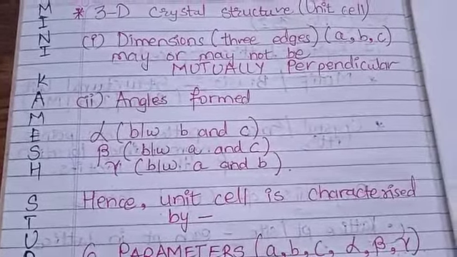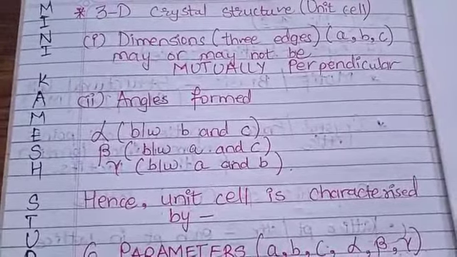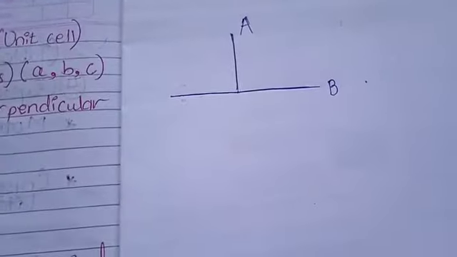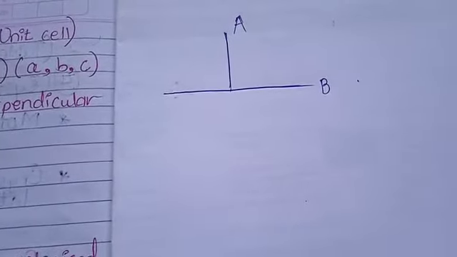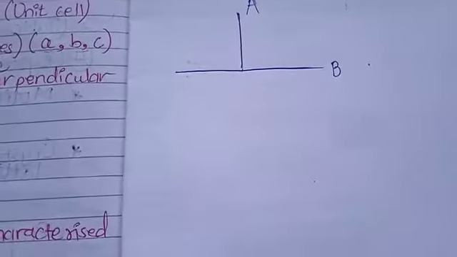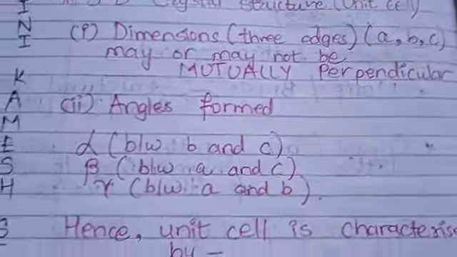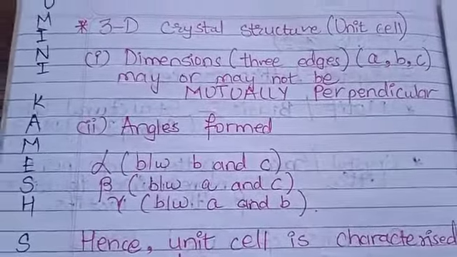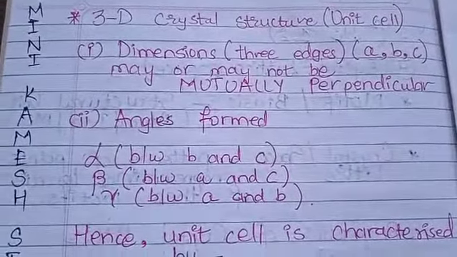Perpendicular is somewhat like this. If I am here, you can see a and b, two lines, so line a is perpendicular to line b, but here it is said that they may or may not be mutually perpendicular. Sometimes it is perpendicular and sometimes it is not possible to be perpendicular.